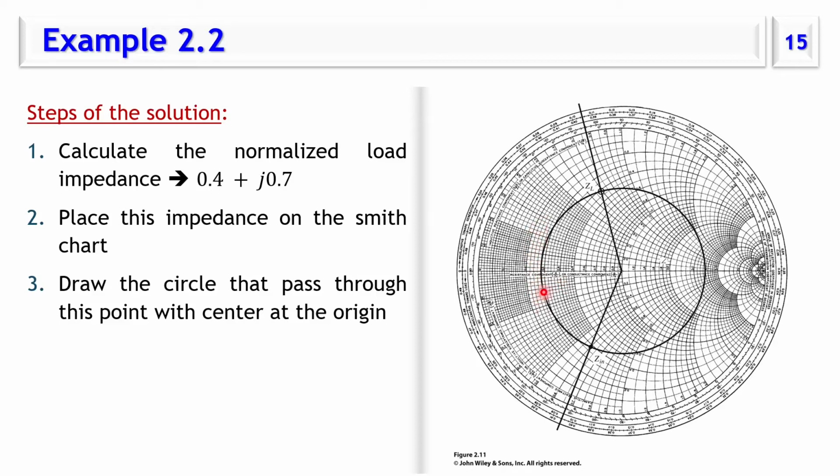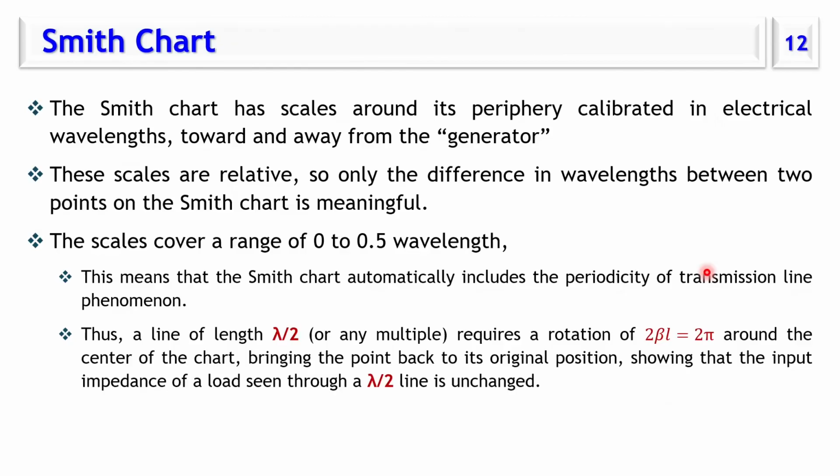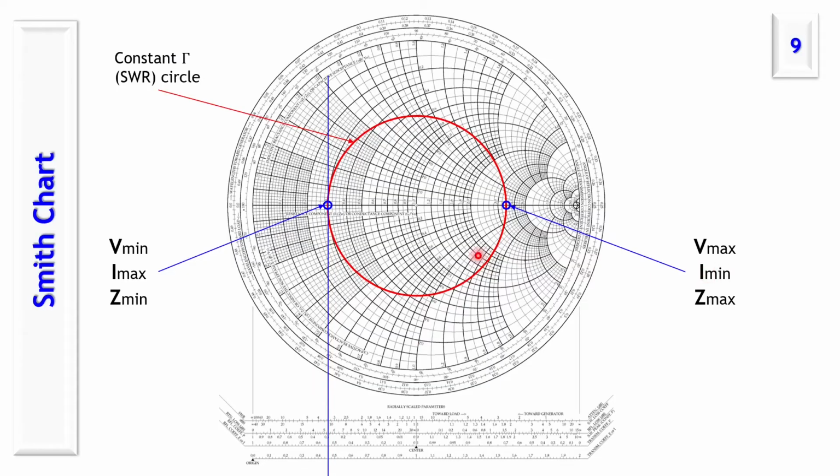From this circle here we can find the reflection coefficient, which is the radius of this circle. Again, the radius must be read from the scale like this one here. So we go for the radius and we read the scale for standing wave ratio. We'll find the value from this scale. This is the standing wave ratio.